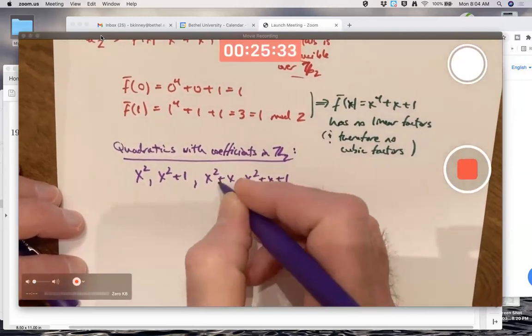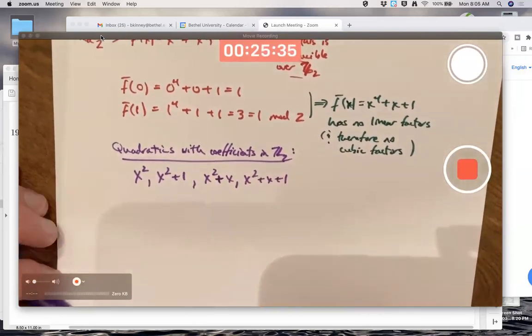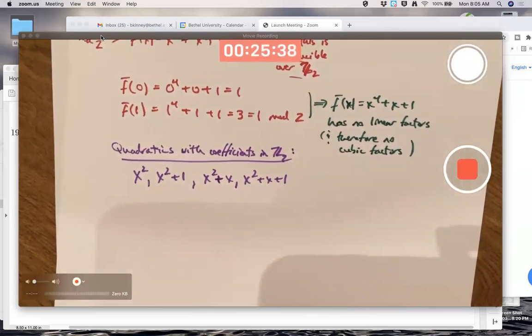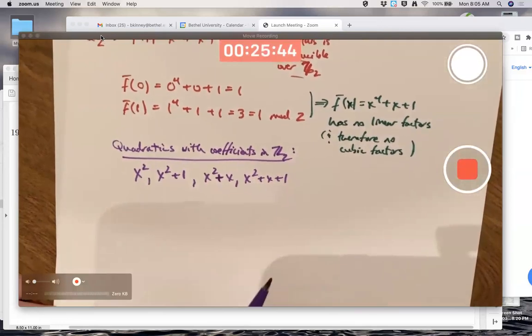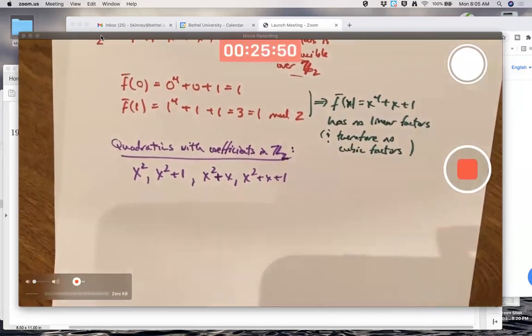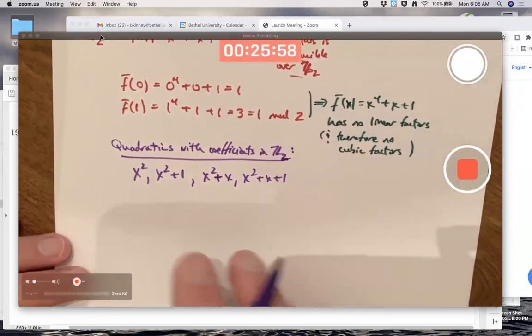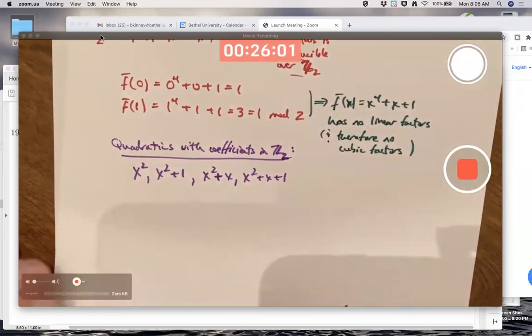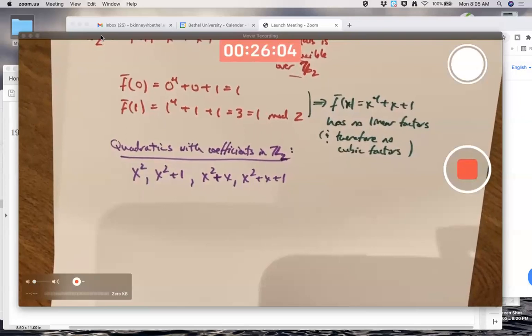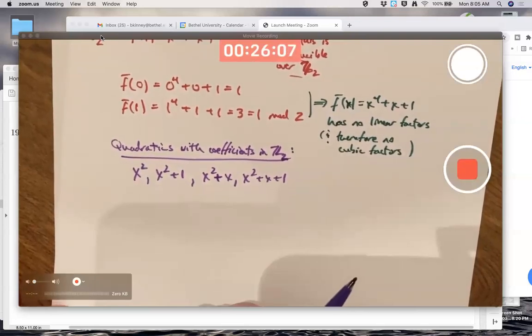Can you think of any others that have coefficients in Z2, zeros or ones, and they're all quadratics? I can't think of any others. There's only 4 polynomials in Z2[x] that are quadratics. Z2[x] itself is infinite, right? Because the degree can be arbitrarily high. But if we're talking a fixed degree, in this case degree 2, there's only 4 possibilities. And that's true for any fixed degree. There would be a finite number of possibilities. So we only need to check these 4.